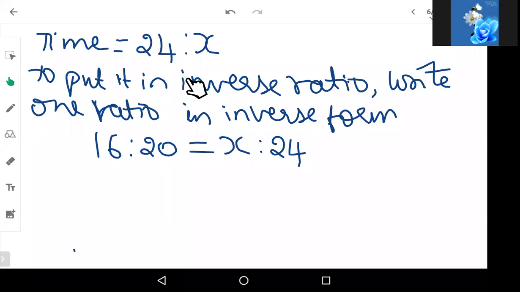So if you see from here till here, it is actually 24 is to x, but we have taken it in the inverse form. Everybody understood till here? Any doubts? X is equal to 19.2. Correct, Spurti. So be careful while you're solving inverse ratio problems.